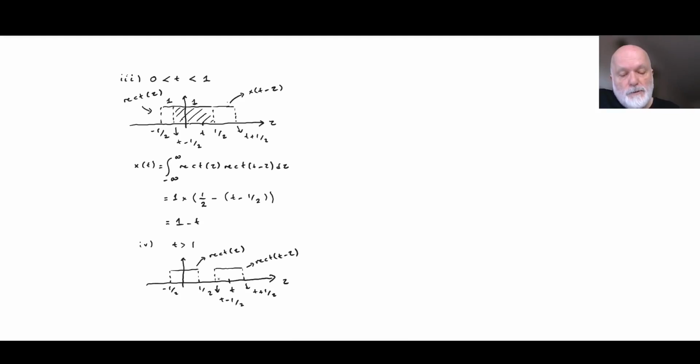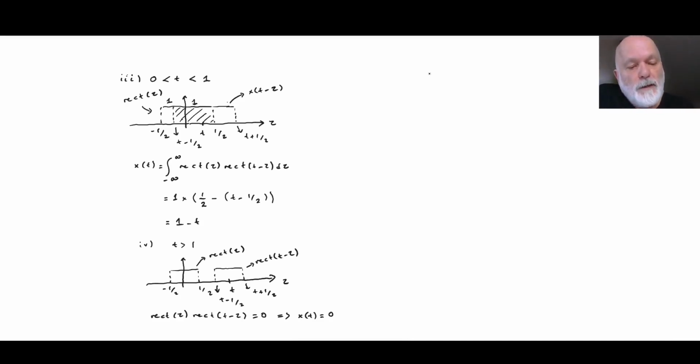And as you see, they do not overlap. So in this case, the product of rect tau and rect t minus tau is equal to 0, meaning that since they do not overlap, their product is 0, so the integral will also be equal to 0.